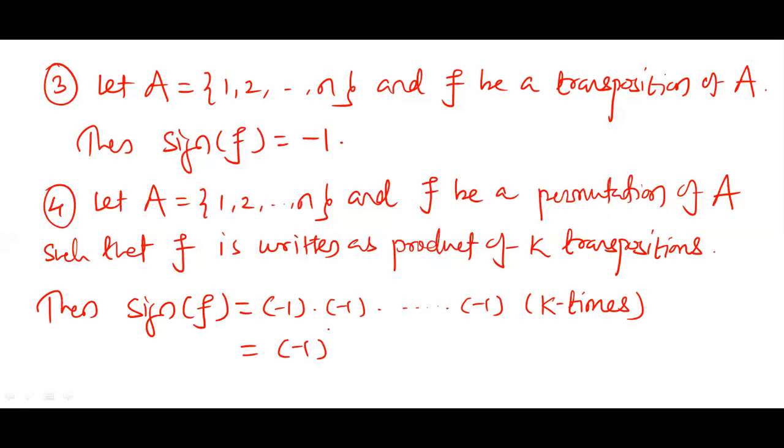Therefore, we will get (-1)^k. It means if you have a permutation that we can write as a product of k transpositions, then the signature of that permutation is (-1)^k.